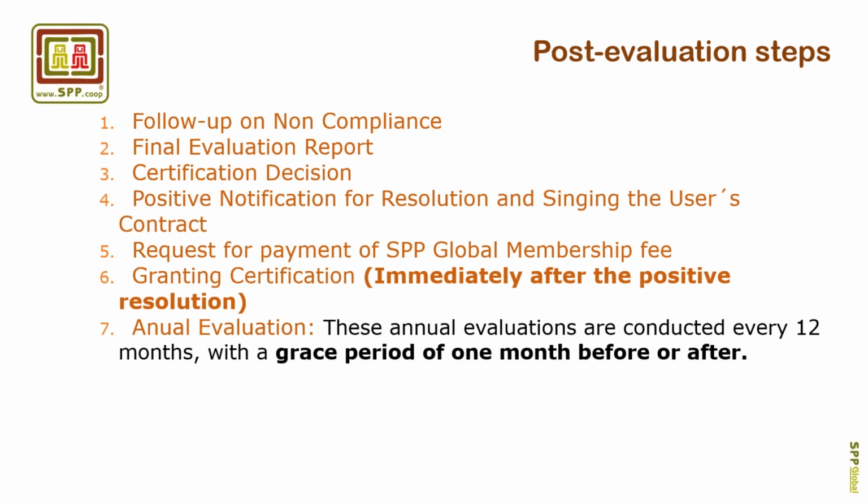because nowadays the certification entity cannot grant the certificate until SPP Global approves it, to grant the certification or to deliver the certification. Because in the case of small producer organizations, remember that they have to pay a membership at the end of the evaluation process when the notification of the resolution is positive.